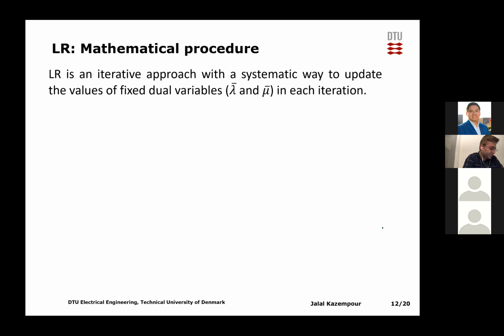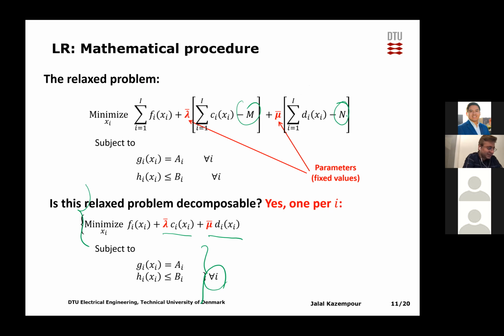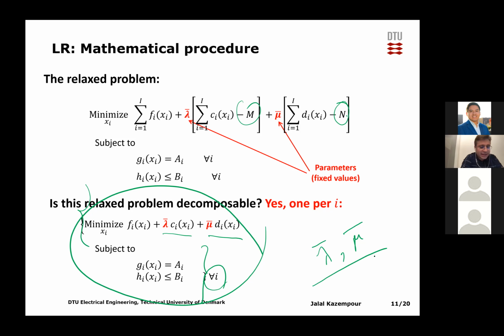Very good. LR is an iterative approach with a systematic way to update the values of the fixed dual variables, lambda bar and mu bar, in each iteration. So it's a really, really simple technique. For each iteration, for given lambda bar and mu bar, you solve the subproblems. And then in each iteration you just need to update lambda bar and mu bar, nothing else. This is why we also call it dual decomposition.